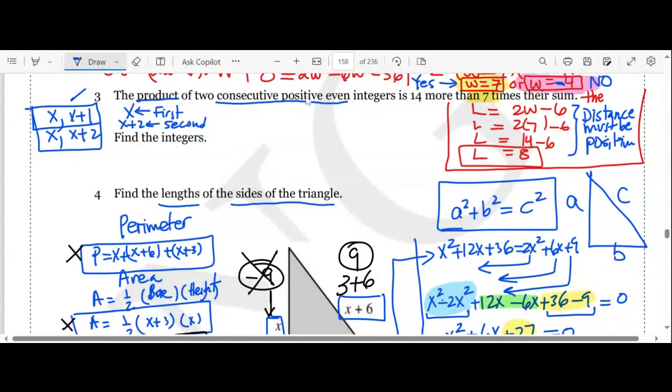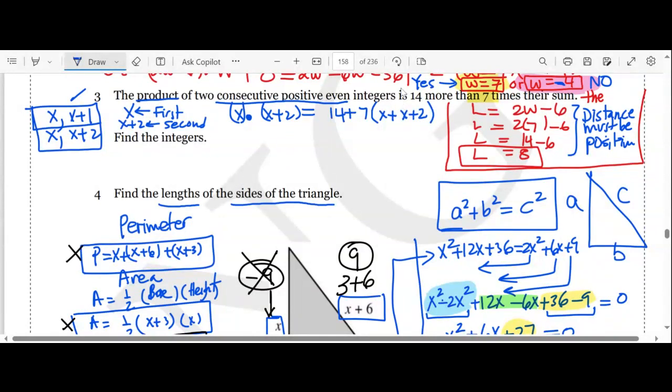So the product of two consecutive positive even integers is 14 more than 7 times their sum. Okay, I just translated what you have here.